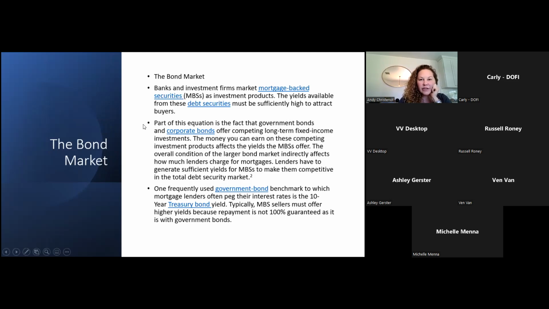Okay, the next factor, the bond market. So everybody knows the stock market, and we've also got the bond market. This directly impacts mortgage rates. Mortgage bonds and mortgage-backed securities are investments. They are investments just like a stock would be, or if you have money in, say, a mutual fund with multiple stock investments and so forth.